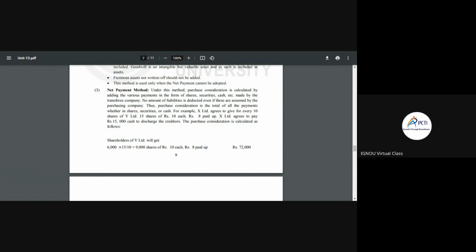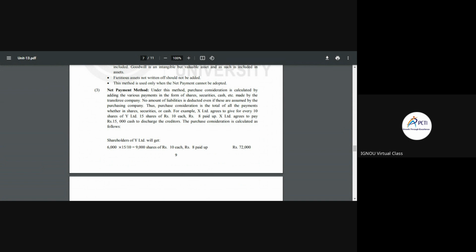Here we have an example also. X Limited agrees to give, for every 10 shares of Y Limited, 15 shares of 10 each, 8 paid up. Then X Limited agreed to pay 15,000 in cash to discharge the creditors.